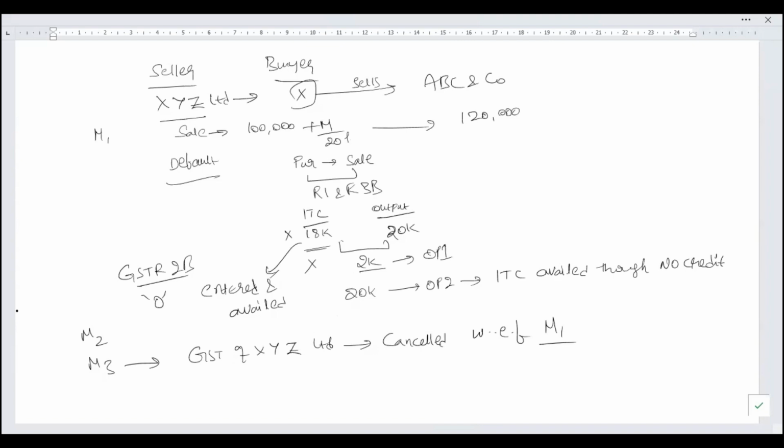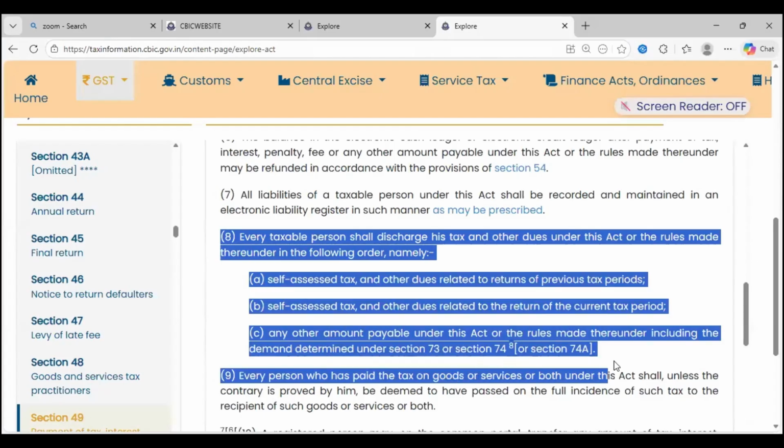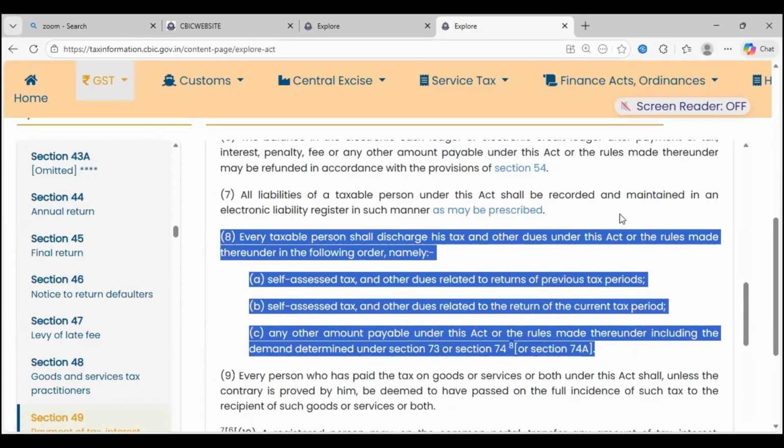So, in month 3, when this is the situation, this lands up as self-assessment tax of the previous month paid in the current month. So, what X can do is, whatever input tax has accrued in month 2 and month 3, that can be utilized to make the payment of this 18,000. So these are the practical scenarios where section 49, where we have been specified this order, comes to the rescue for us.